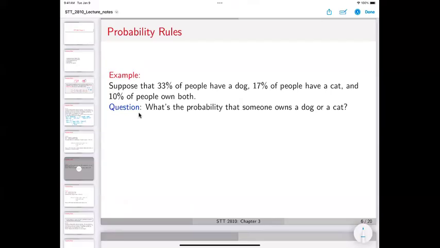So to answer this, let D equal people with dogs, right? And then C equals people with cats.